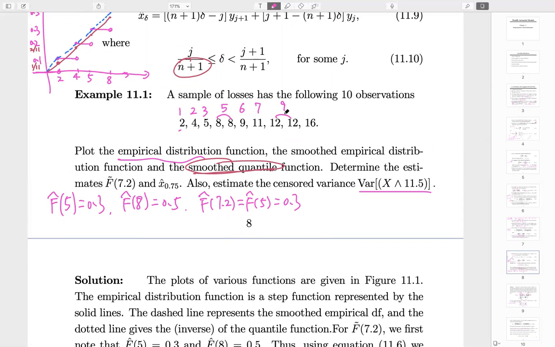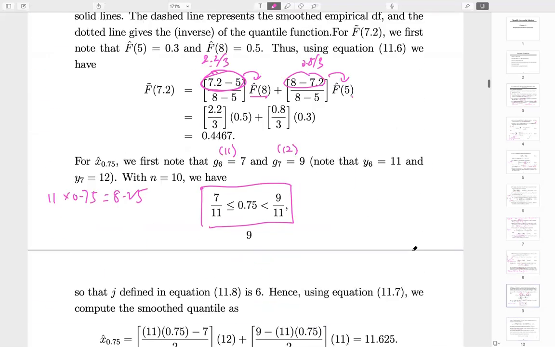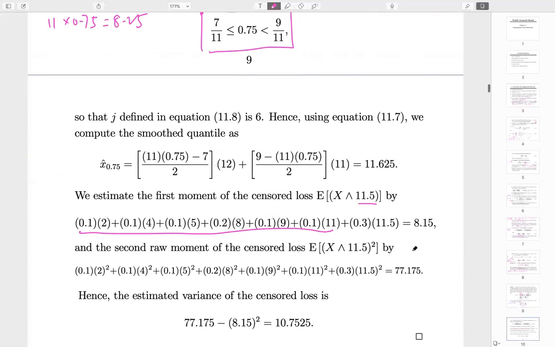For all 3 values, we are going to use 11.5 to replace, and we have 3. So it's going to be 3 over 10. So that's why the probability is 0.3, right? So you merge them together and use 11.5 to replace, because once you take minimum, 11.5 is the minimum with respect to 12 and 16.